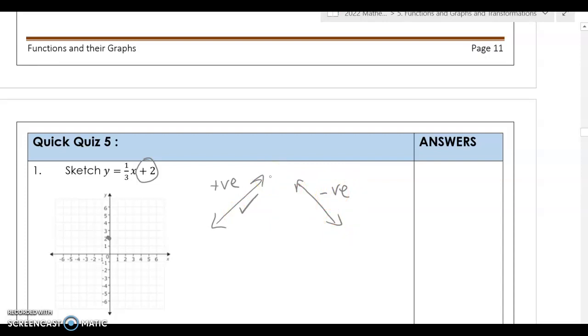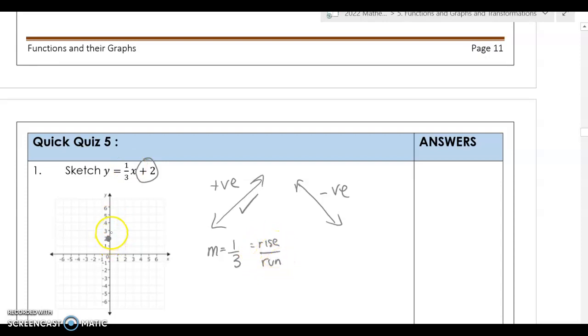And we can think of it a couple of ways. We could look where it cuts the y-axis, at x equals 0, so we've got that. We can see where it cuts the x-axis at y equals 0, and we can play around with that. However, we could also look at our point that we know is on the line. Our gradient is 1/3, and that is rise over run.